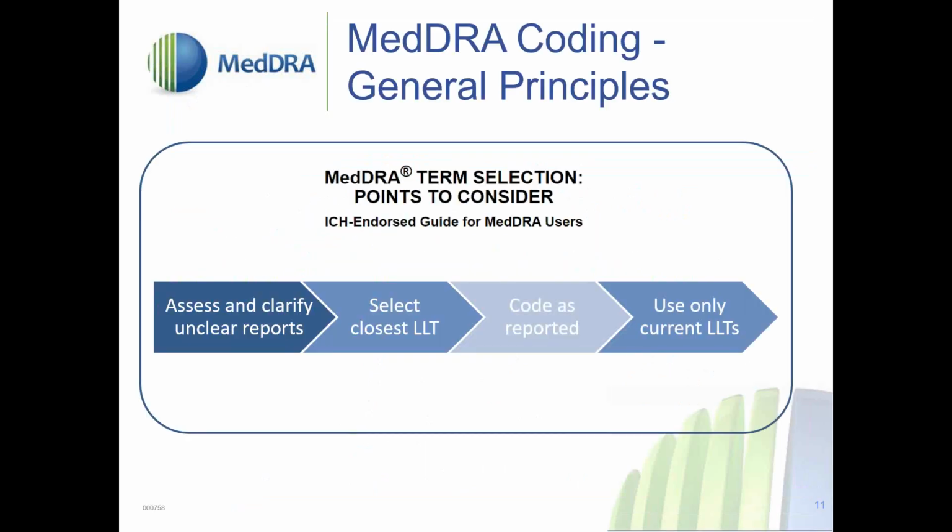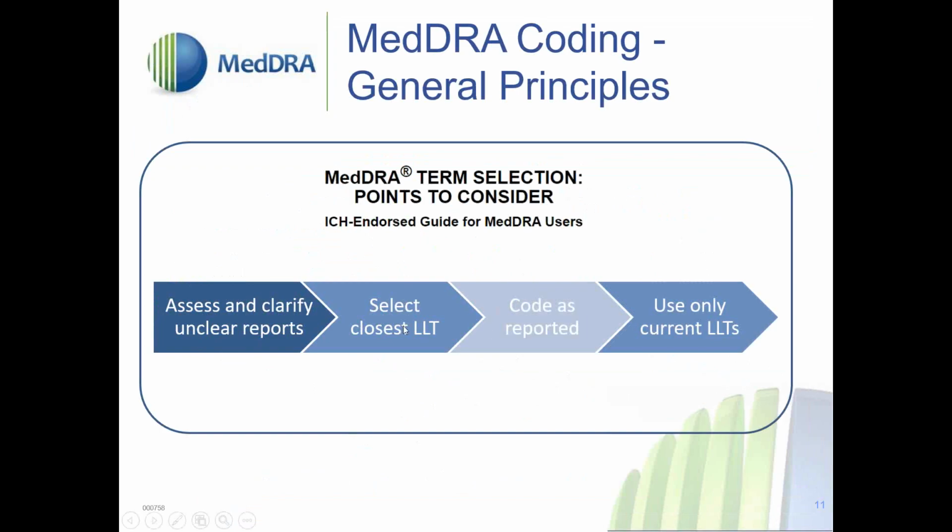Here just a short reminder regarding the basic rules to be followed for coding with MedDRA that are of course also applicable when coding medication errors and other product use issues. The quality of the reported information and the extraction of the relevant information during data entry are a basic requirement for good and meaningful coding. If the information received is vague or ambiguous, of poor quality, then ask for clarification.